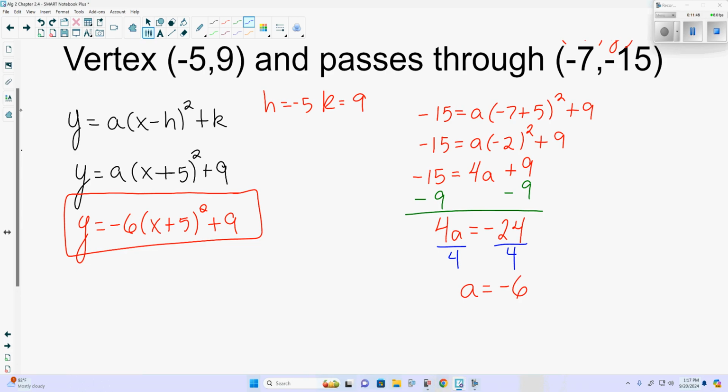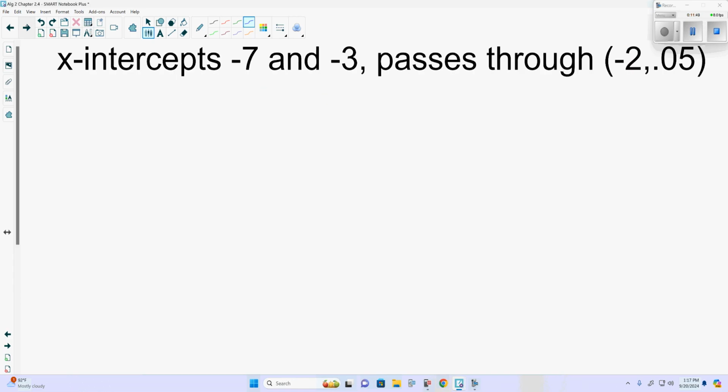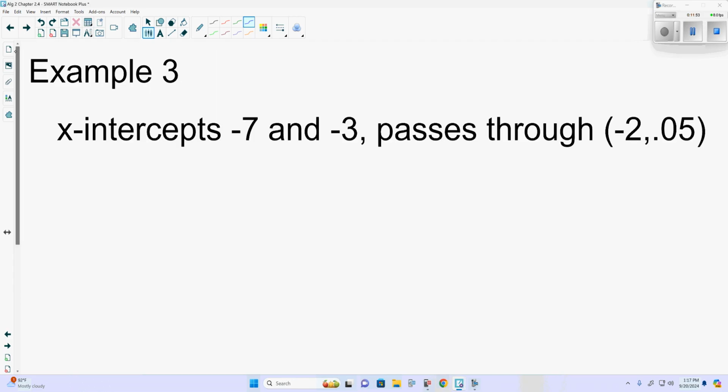Now is when we get comfortable with it, and then it changes, yes? So it tells us what the x-intercepts are, negative 7 and negative 3, and it passes through this point. So are we going to use vertex form? No. What is the other one we had? The x-intercept form.